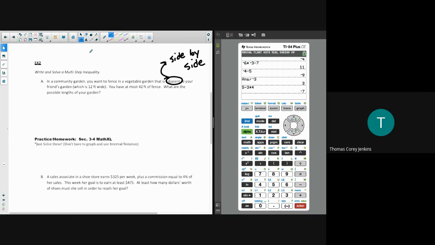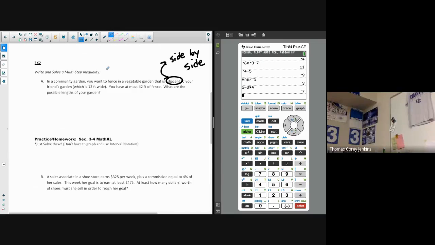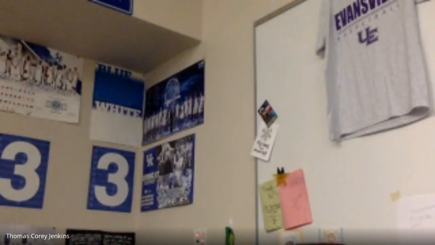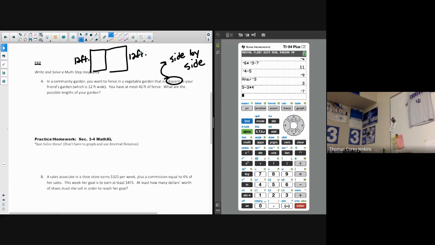Anyways, if we have two rectangular gardens side by side, they tell us that our friend's is 12 foot. And if they share a side, then that means that ours has to be 12 foot wide, okay? They don't tell us anything about our friend's length. They don't tell us anything about our length, okay?